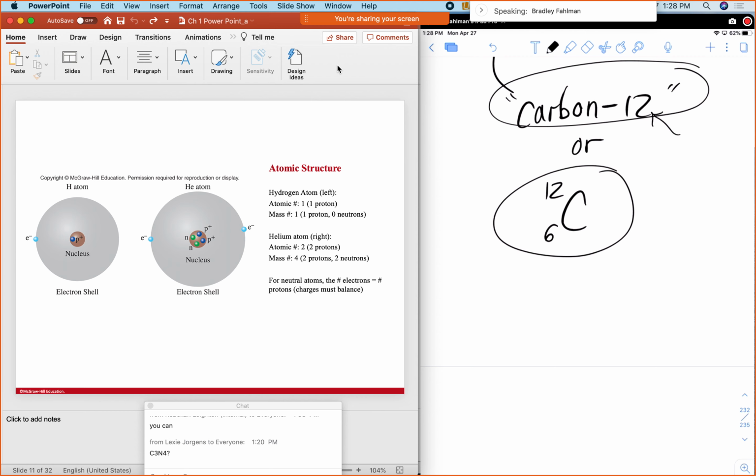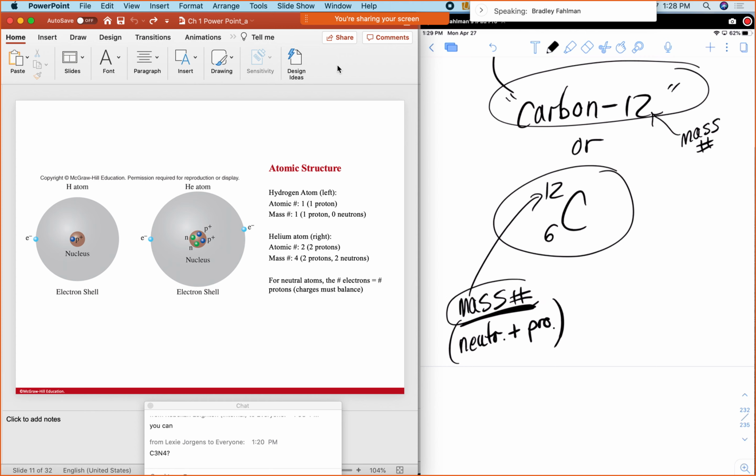This refers to the mass number, essentially that top one. That's your neutrons plus protons. Most of your mass is in the nucleus, so the mass number is all the things in the nucleus.